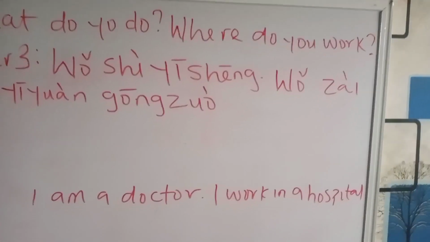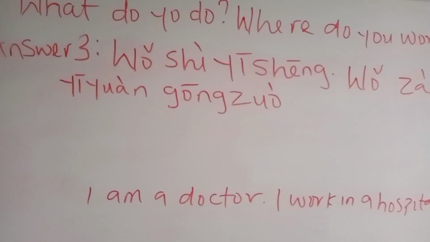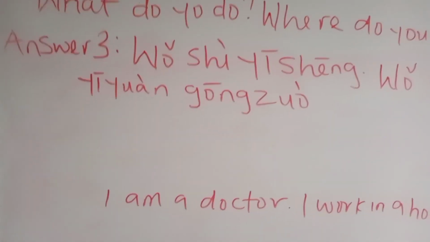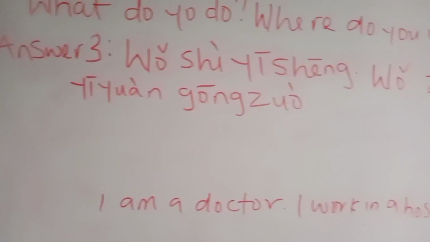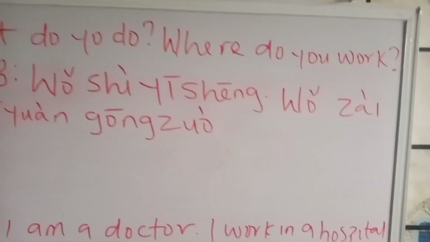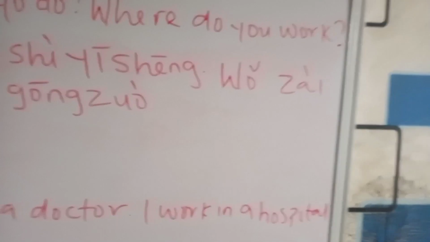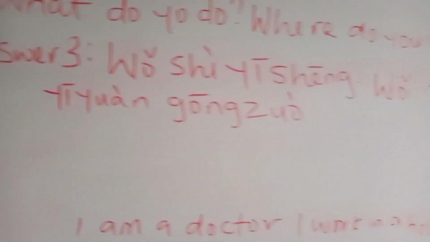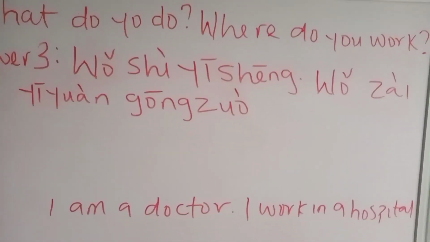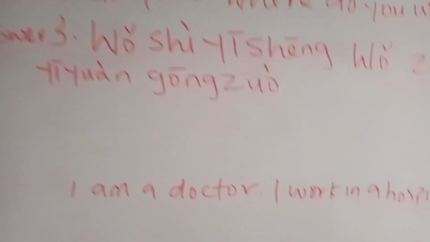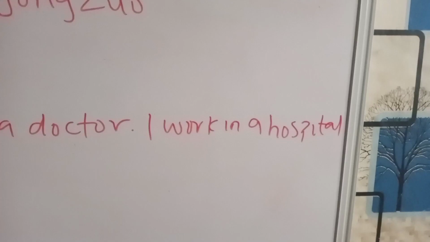It's one of the words we have learned earlier in this lesson. 医院 is hospital. That is the word for hospital. I am doctor. I in hospital work. That is how you translate this word for word. But it means I am a doctor. I work in a hospital.